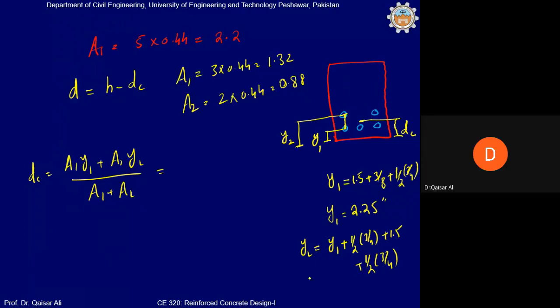So put the y1 value in this, 2.25, so y2 is equal to 4.5 inches. Now put these values in.